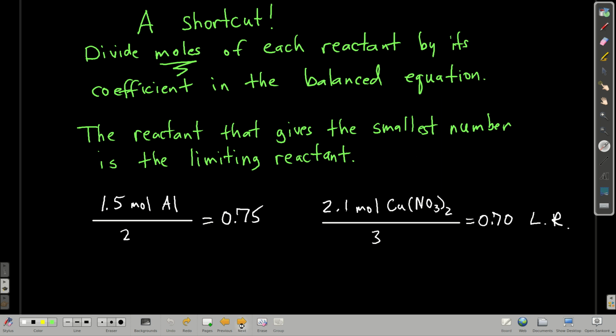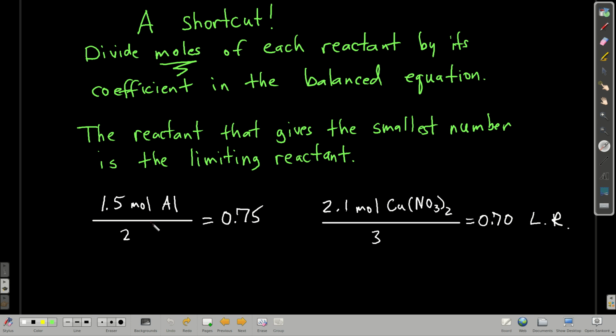But there's a shortcut that I use. So all you have to do to find the limiting reactant, and this always works, there's no exceptions, is once you find how many moles of each reactant you have, just divide that number of moles by the coefficient in the balanced equation. Whichever of those gives you the smallest number, that's the limiting reactant. Real easy.